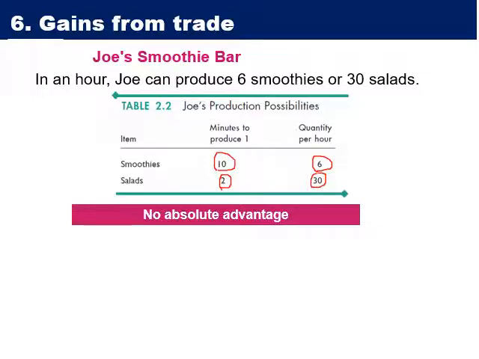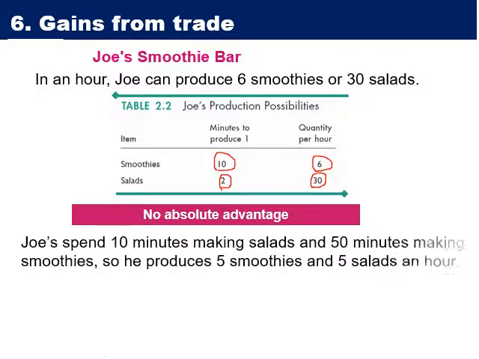What about the comparative advantage? As we have mentioned before, we need to compare the opportunity cost to see which of them has a comparative advantage. So, as we have done with Liz, let's compute Joe's opportunity cost.